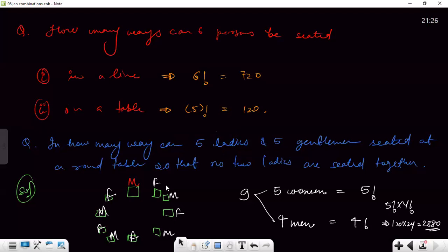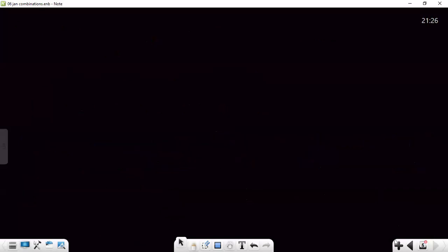Five women on five seats, 5 factorial; four men on four seats, 4 factorial. They are dependent tasks, so that is why we multiply the number of cases in both. It will make our answer 2,880. That's a previous year question. Clear? Yes, sir. Great.